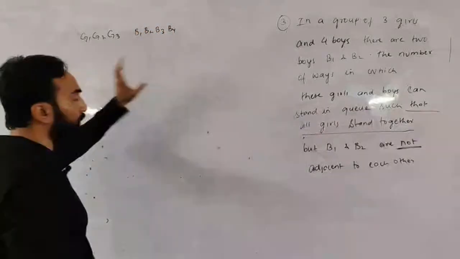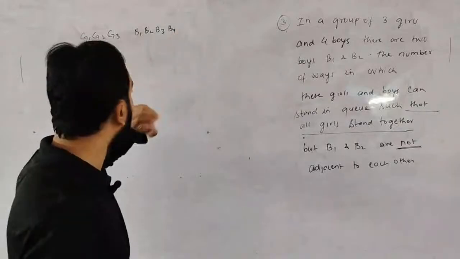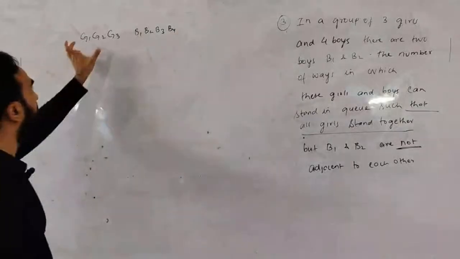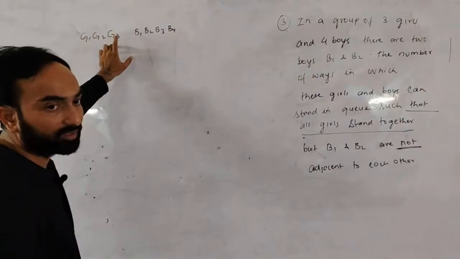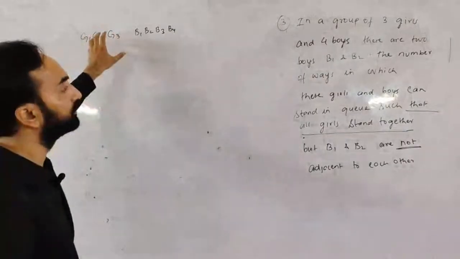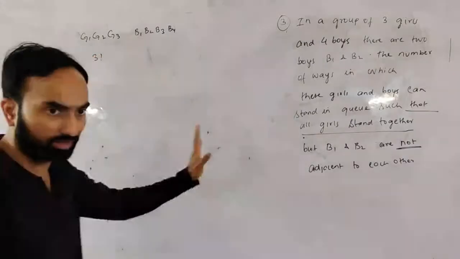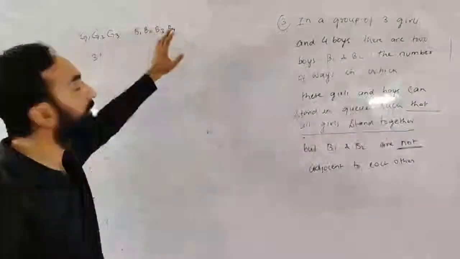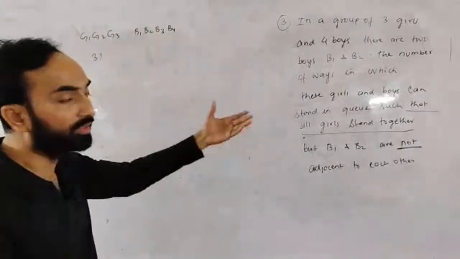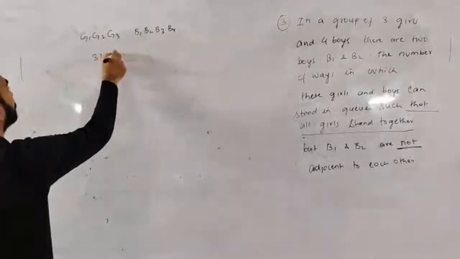I am taking the total situation, right? Total cases. These G1, G2, G3 girls can stand in how many ways? The number of ways is 3 factorial, correct? No problem. Then B1, B2, B3, B4, they can stand in 4 factorial ways, correct?